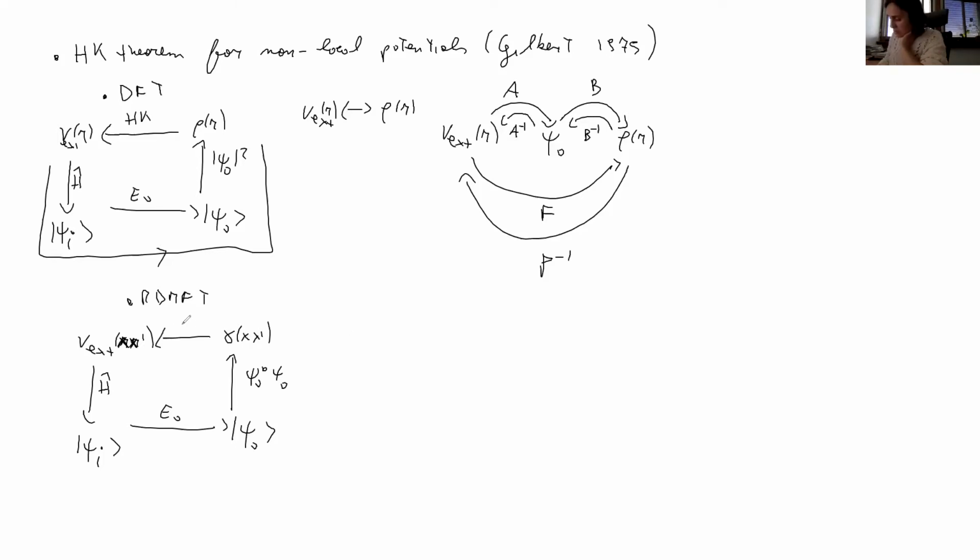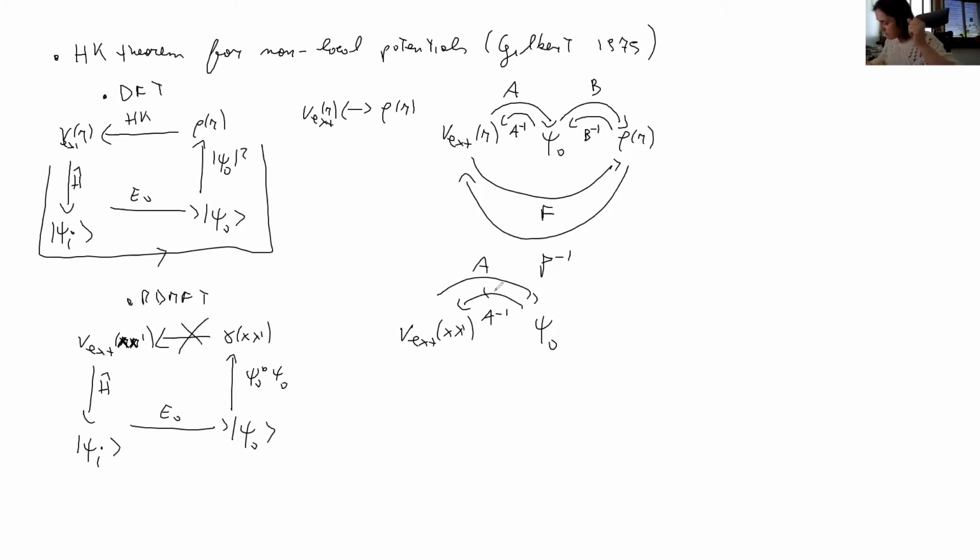However, this is not true. The problem in the demonstration is that Gilbert realized that, due to the non-locality of your external potential, he didn't manage to demonstrate that this map is invertible.